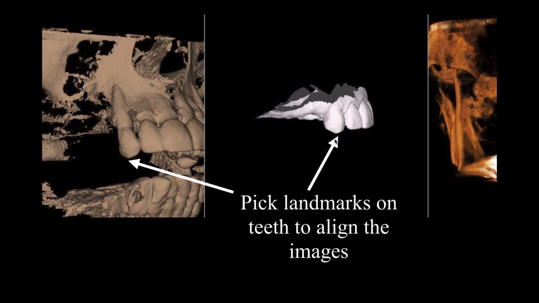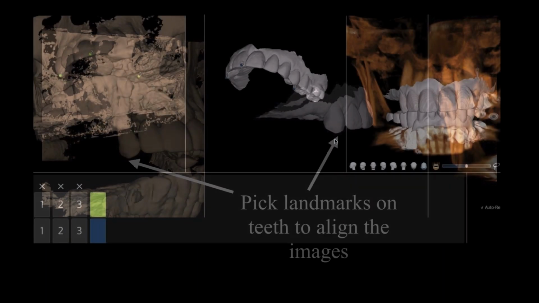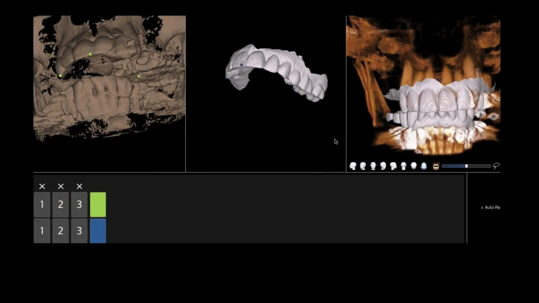So that's one landmark, and then I pick another one, then I pick another one. So I've got 3 landmarks that I've isolated on both images. And then what happens is that they get superimposed automatically. So you see here I've got 3 dots, and now the images are there, and I look at the image on the right screen, and I turn it around and move it around, and it looks good. I'm ready to go. So what I do at that point is I put virtual teeth in place.